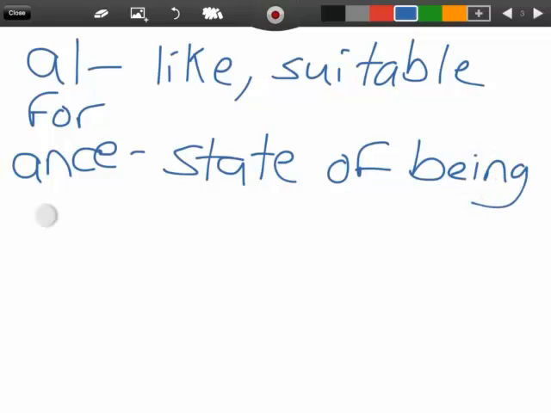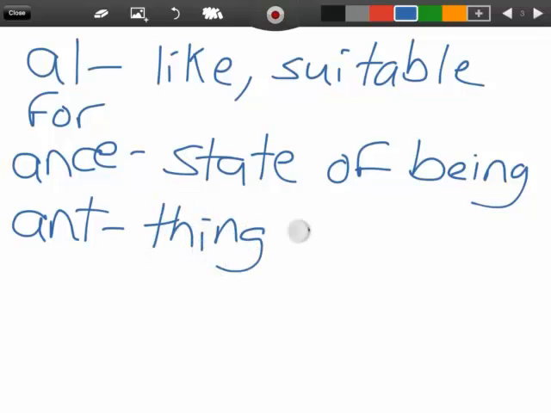Moving on to my next suffix is ant, and that means thing or one who. These are adjective suffixes. Let's not get that confused. These are adjective suffixes.